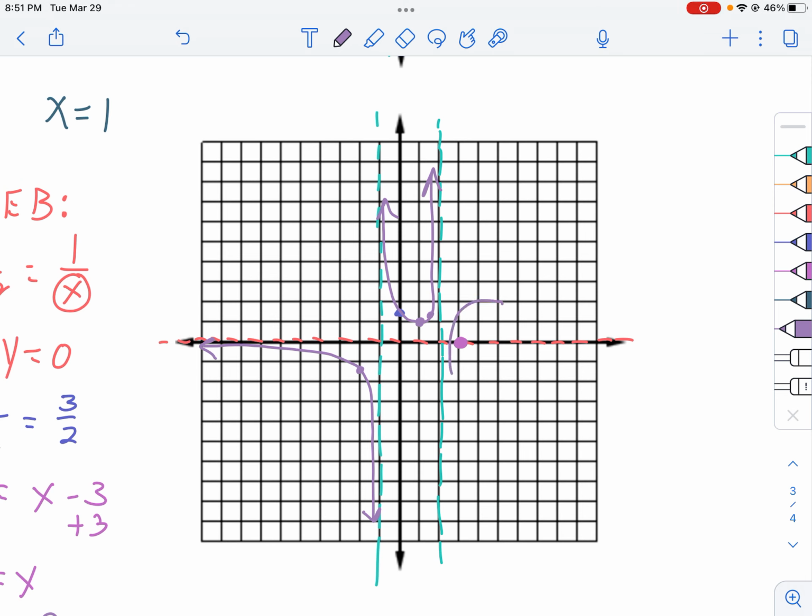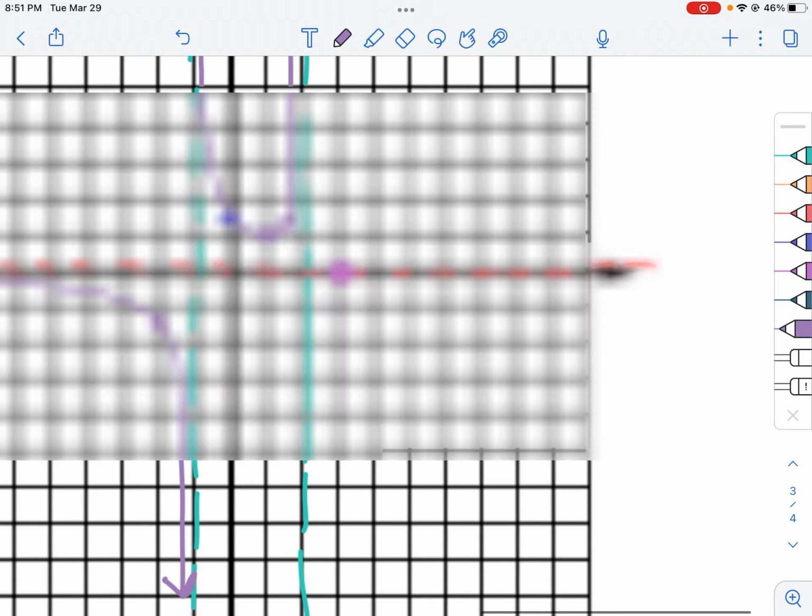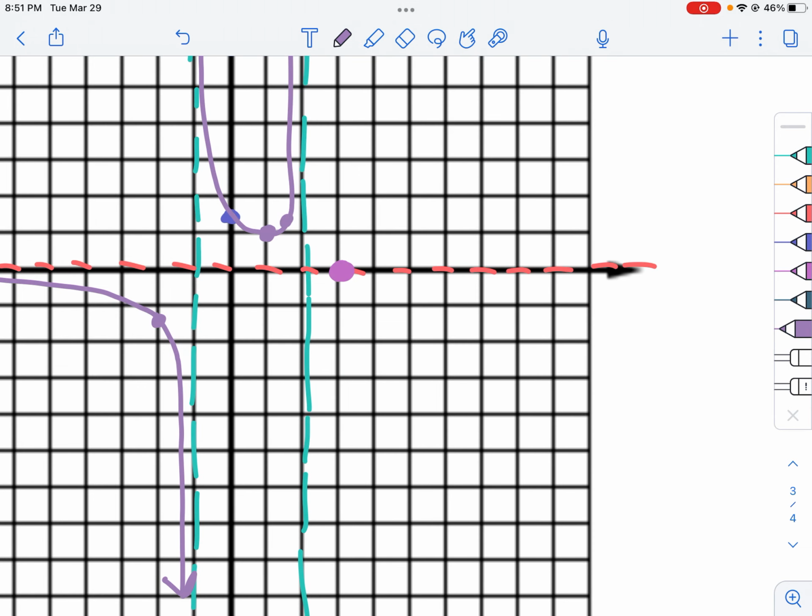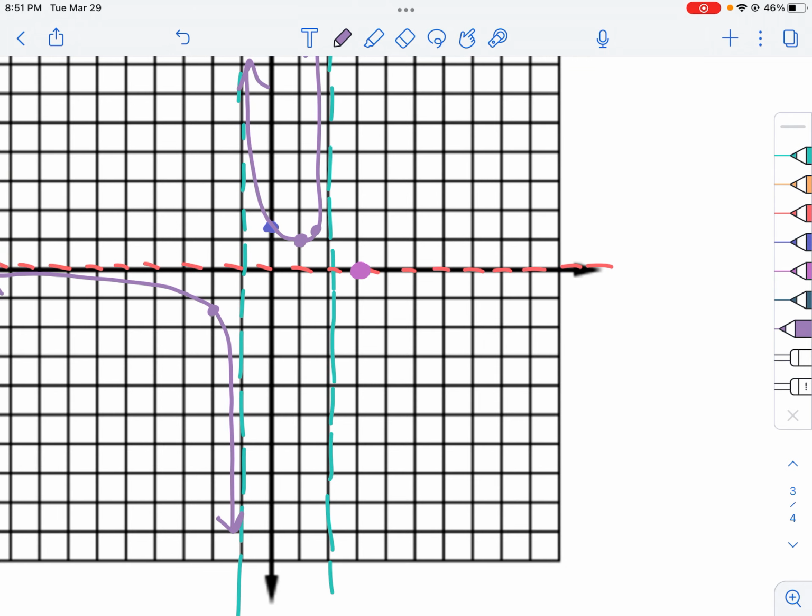And then lastly, we just need to figure out what is happening to this graph over here. It might take more than 1 point here for us. Let's think. If we went, let's go this number. So that's 1, 2, 3, 4. So let's go +4 to see what happens to the right of this point.